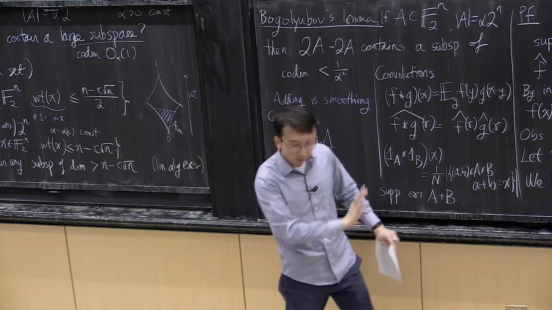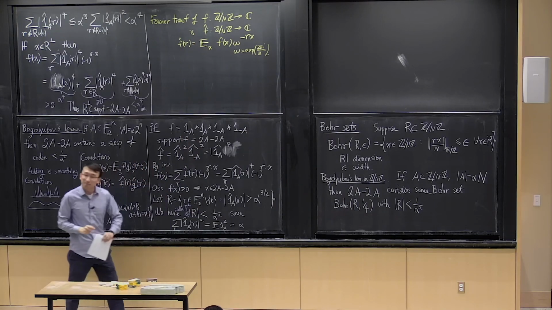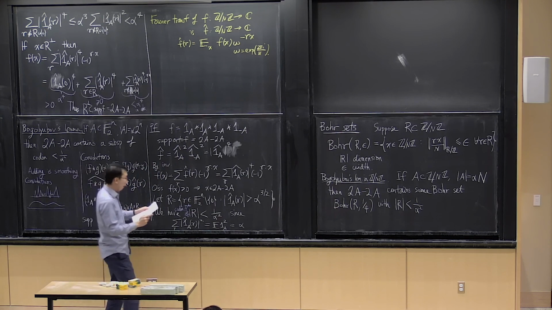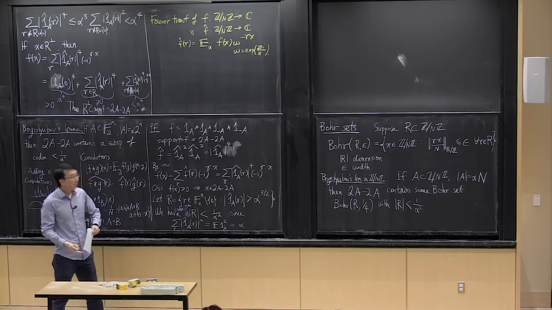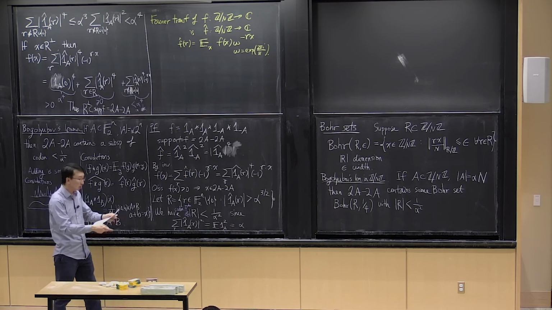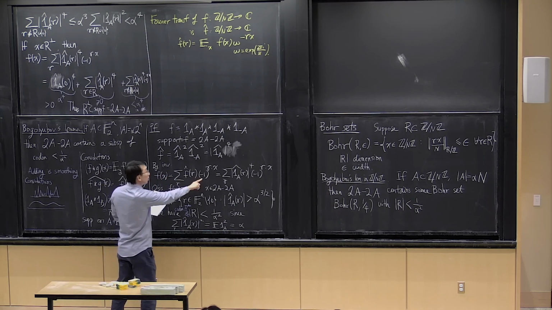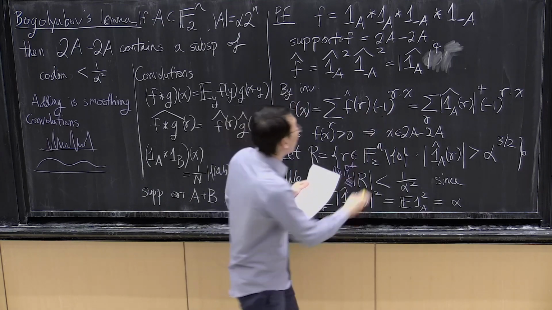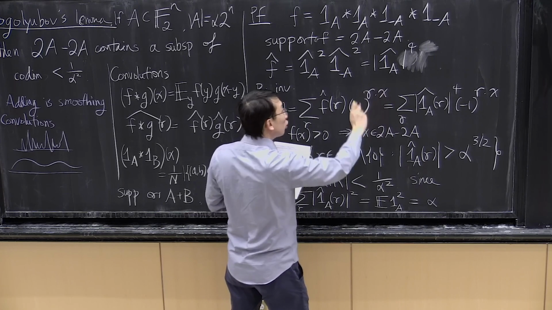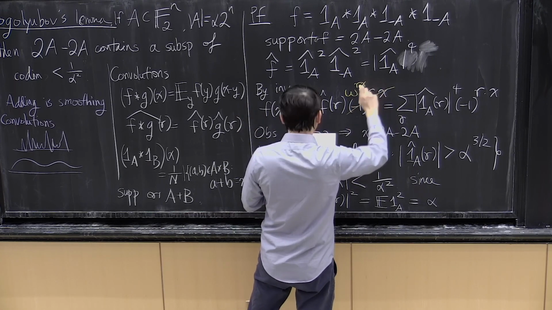So we go back to the proof, and pretty much everything will read exactly the same. So f is still the same f. And the Fourier transform has the same property. All of these nice properties of the Fourier transform hold. For inversion, it's basically the same, except that the formula is slightly different. Instead of minus 1 to the r dot x, what we have now is omega to the rx.